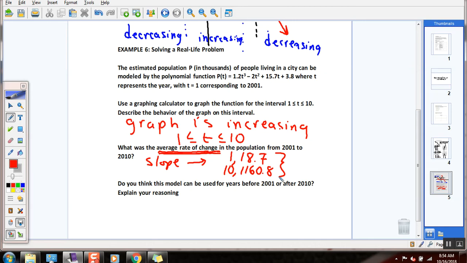One second. Guys, slope again. 1160.8 minus 18.7 over what minus what? Right? So, negative. Ooh, should be positive.